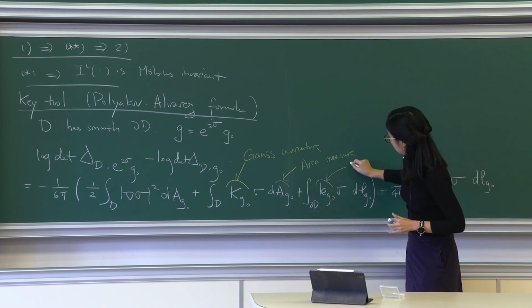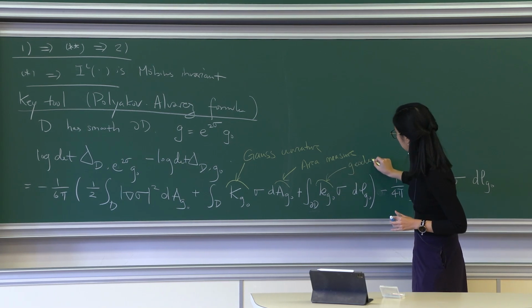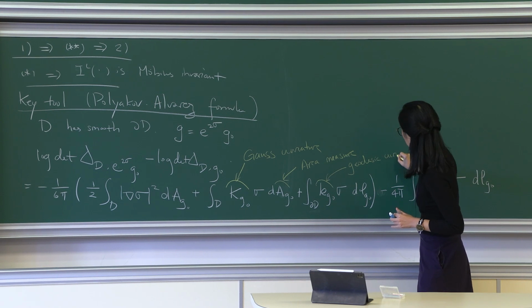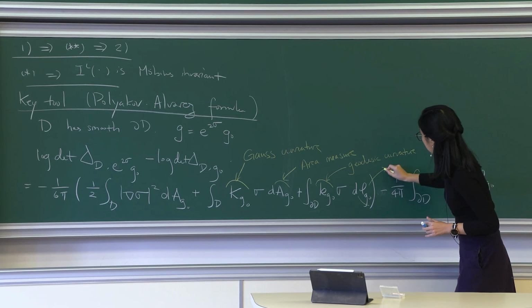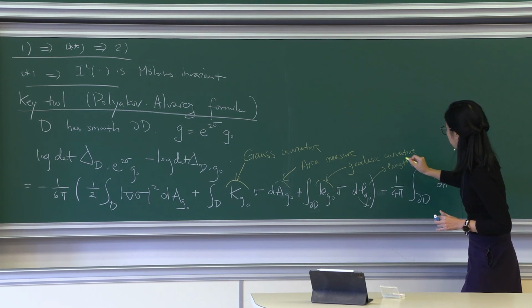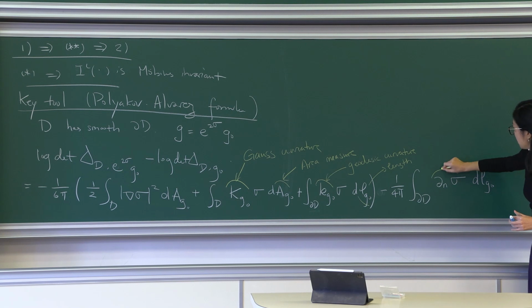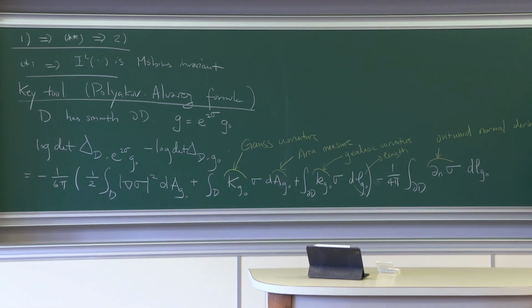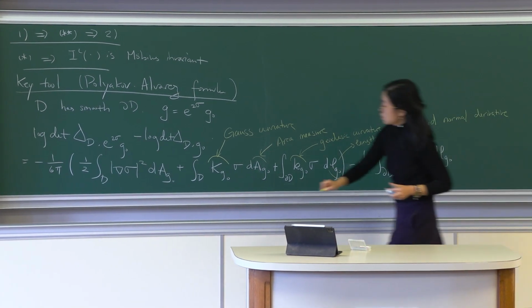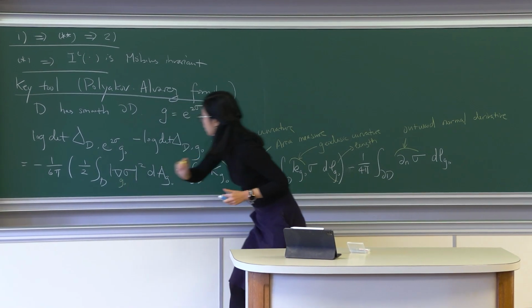This term is a geodesic curvature. This is length. And this is the outward normal derivative. The gradient also depends on your g naught.